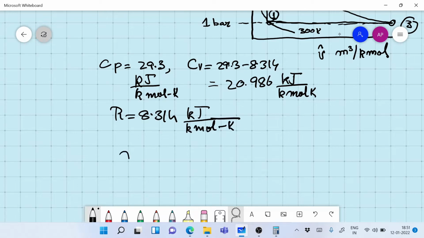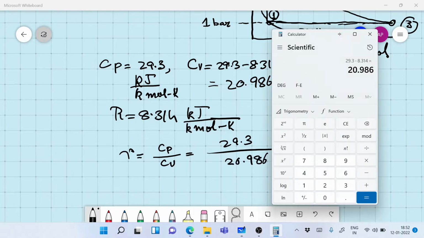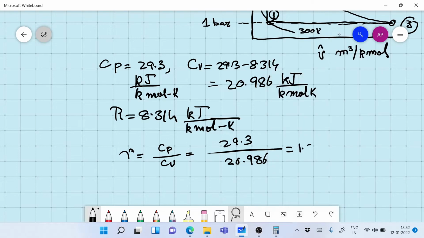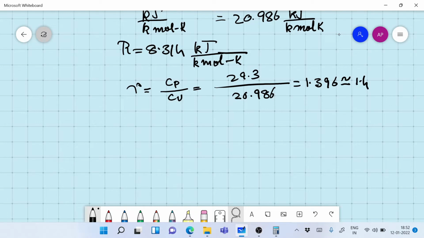Since there is an adiabatic process, it would be advisable to calculate gamma, which is nothing but Cp by Cv, which in this case is going to be 29.3 divided by 20.986, that gives us 1.396. We can take it as 1.4. So we have the constants which we want.